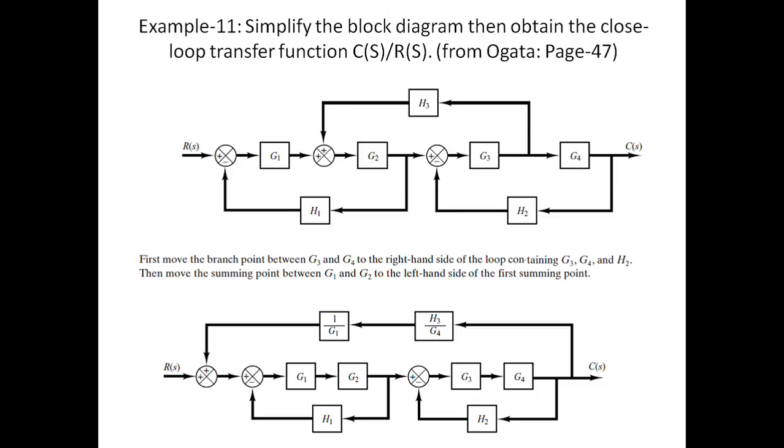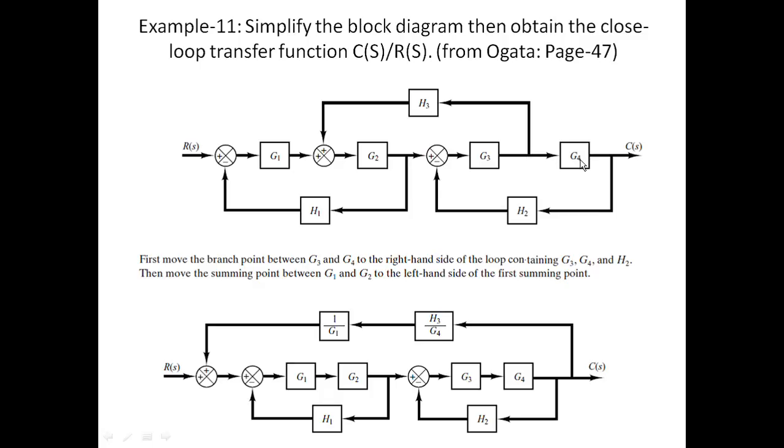So this is one typical sum from Ogata. It looks a bit complicated, but trust me class, after two simplifications, it is a very simple sum. For that, one simplification is we need to shift this takeoff point to the right side of G4.